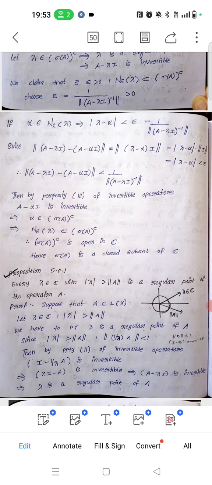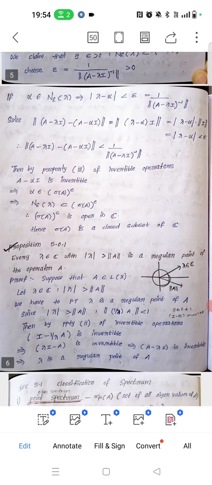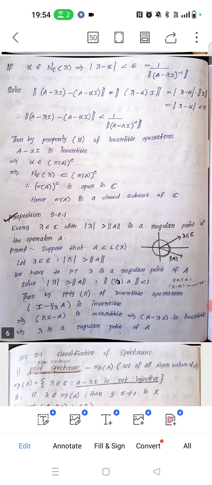So alpha is a member of the regular point set, rho of A, or sigma of A complement. But we chose alpha as an arbitrary value. So all the points of the epsilon neighborhood of lambda are members of sigma of A complement. Therefore every point is an interior point. That means rho of A becomes an open set in C. So rho of A is the complement of sigma of A, so sigma of A is closed in C.